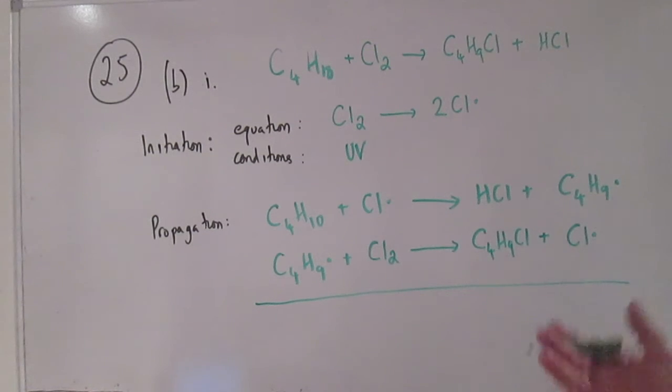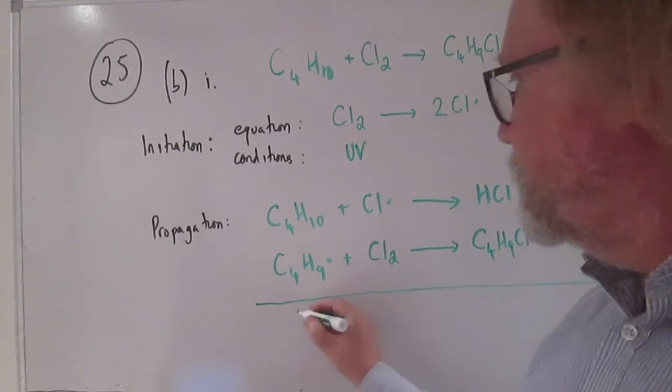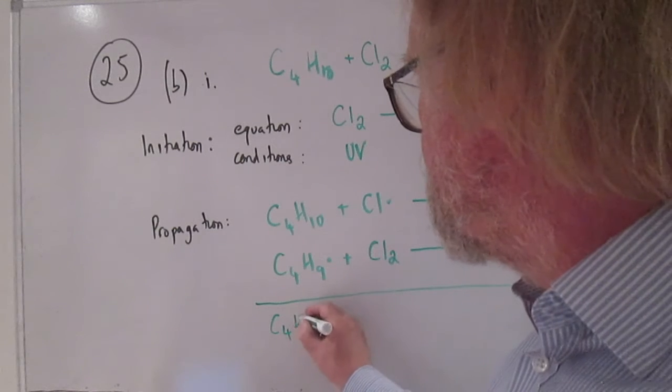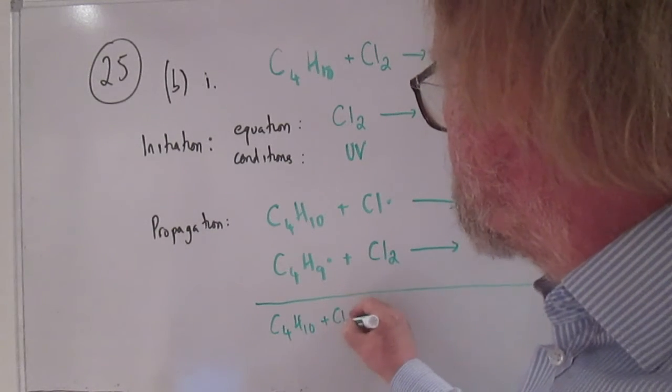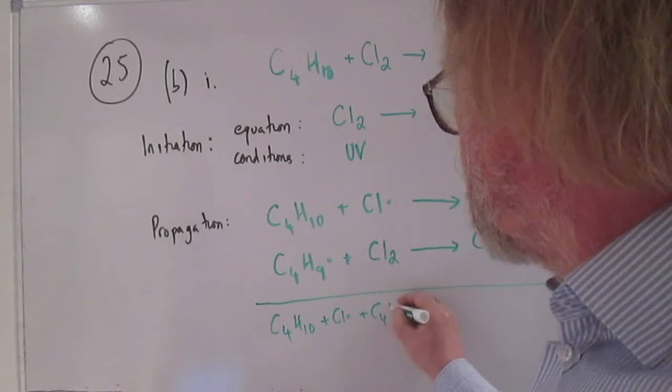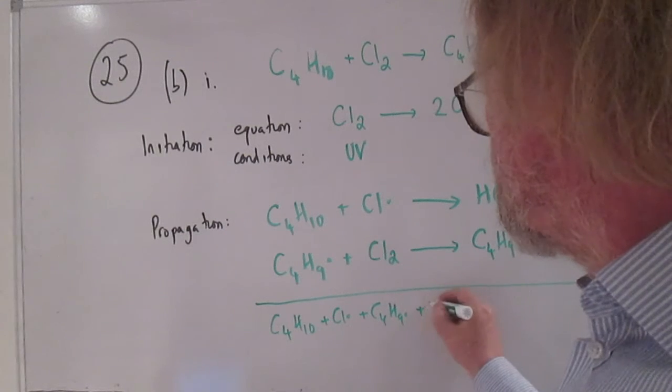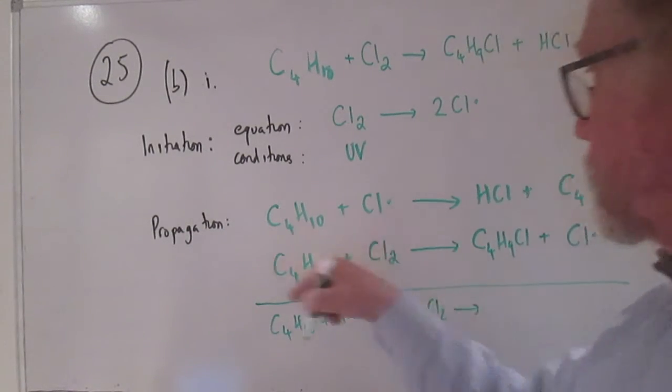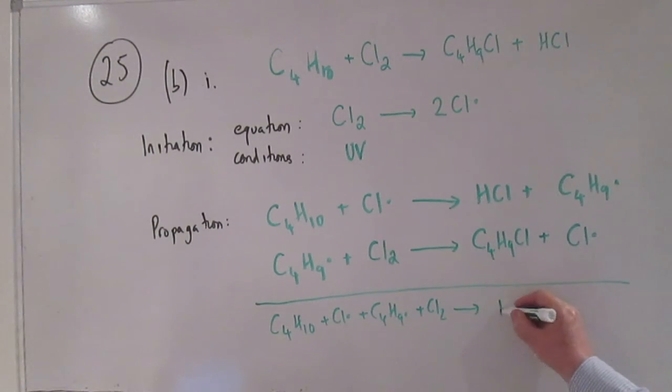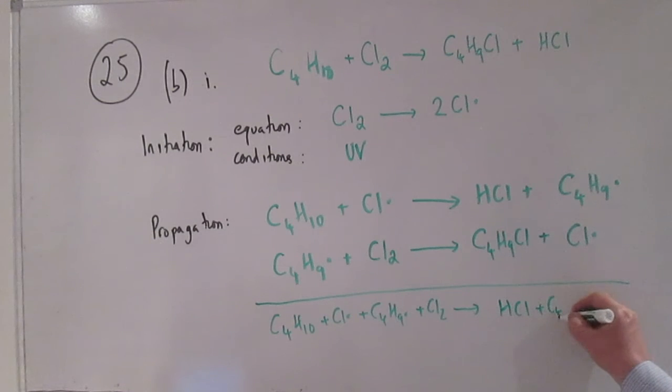But as I say, if you weren't confident you'd got it right, you could try adding all this lot together. So you get C4H10 plus Cl dot plus C4H9 dot plus Cl2. So all the things on the left hand side gives you HCl plus C4H9 dot plus C4H9Cl plus Cl dot.